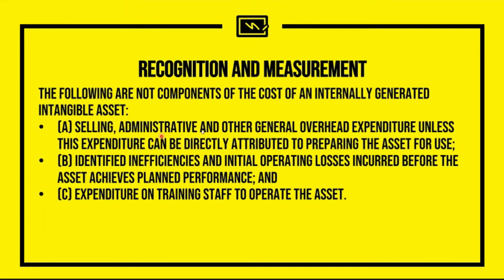But in general, selling and administrative and other overhead are not capitalizable. Letter B, identified inefficiencies and initial operating losses incurred before the asset achieves planned performance, because these are basically abnormal losses and wastages. Letter C, expenditures on training staff to operate the asset, because these are normal training costs, not relating to the asset, but basically for the use of the asset already.